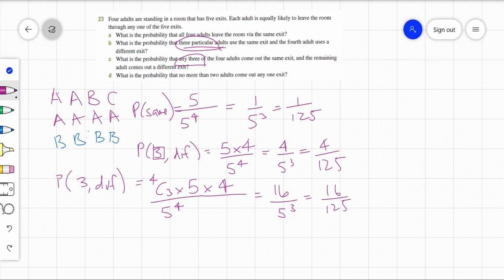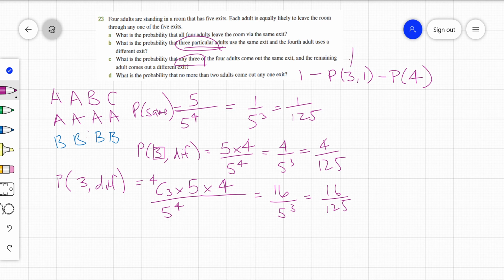And the last one was the probability that no more than 2 come out of any one exit. No more than 2 is the same as 1 minus the probability of the opposite. So that would be 3 coming out the same and 1 different, or 4 coming out the same.